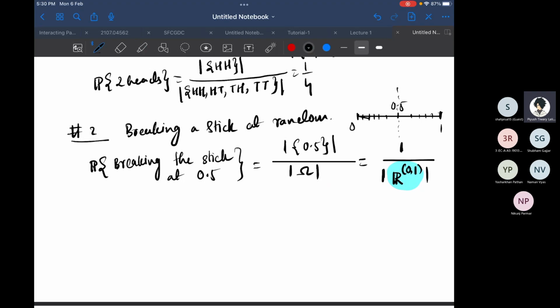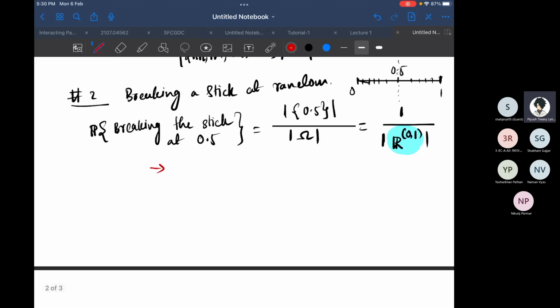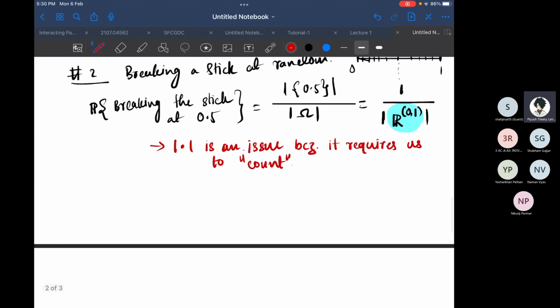Let us write those things down. The first issue is that cardinality in itself is an issue, because it requires us to count, and since this is an uncountable set, how can I count, and how can I even come up with this thing?